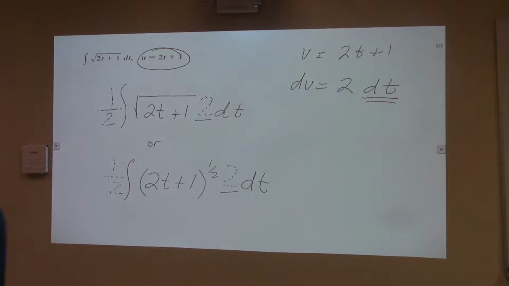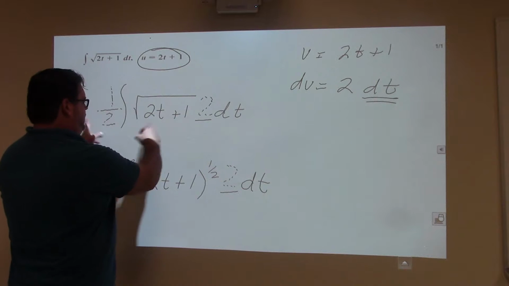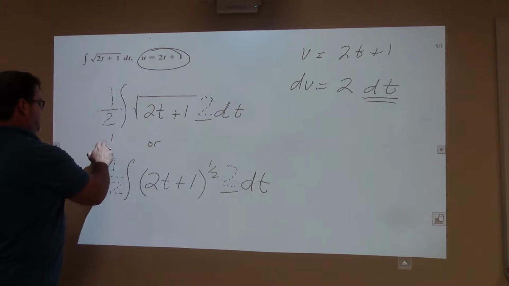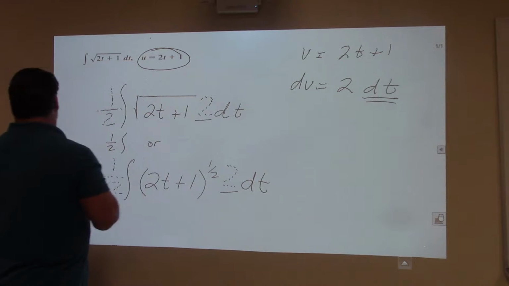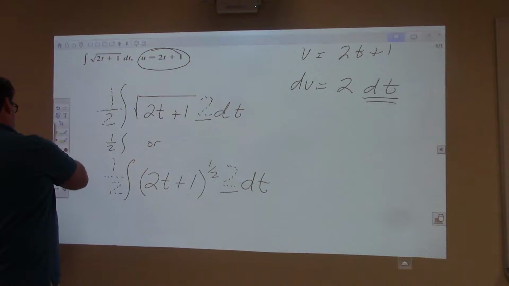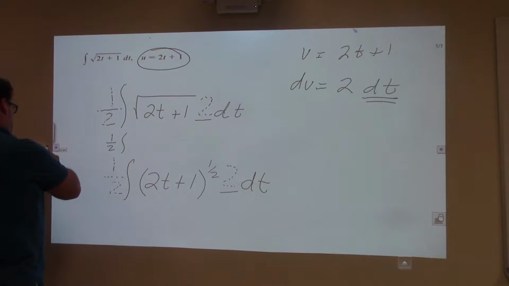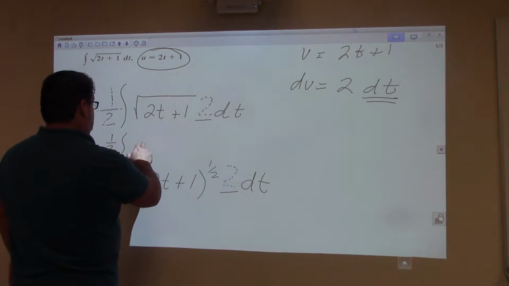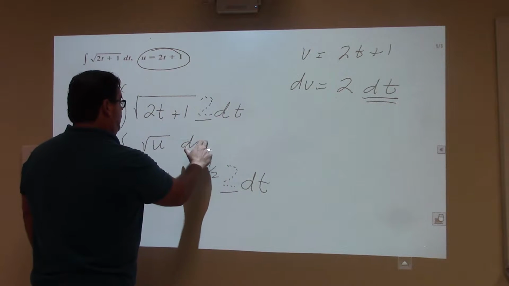So this right here, you can rewrite as 1/2 antiderivative of the square root of u du.